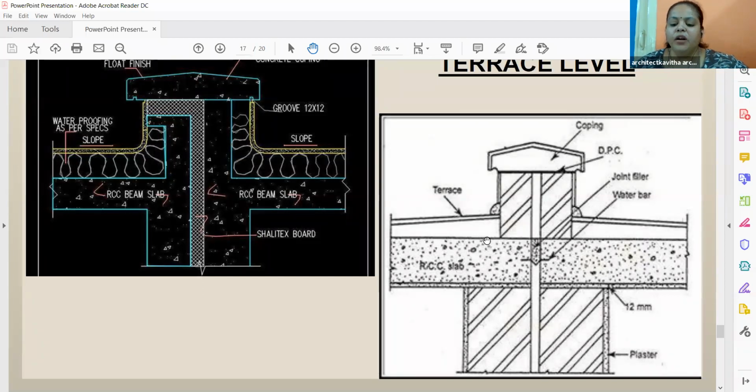This is if you know that your building has less expansion, for example, not much vibration will happen to the building. In that case, you can provide this kind of terrace level expansion joint. If you know there are nearby railway stations, vibrations will be there in the buildings.